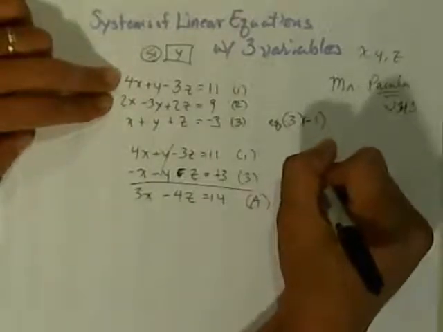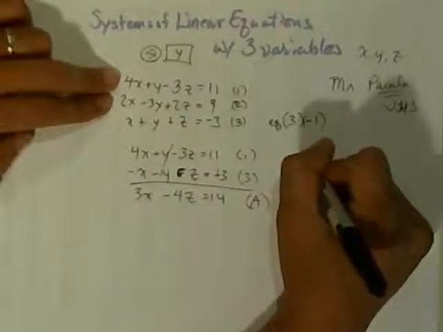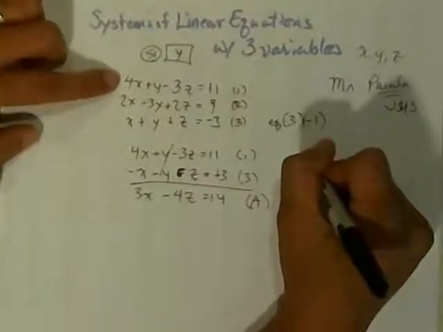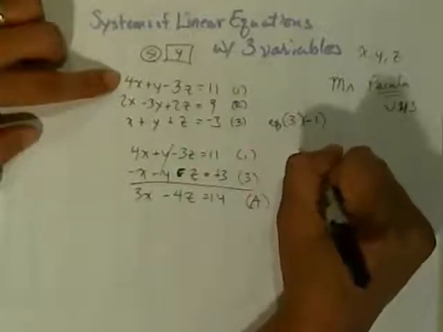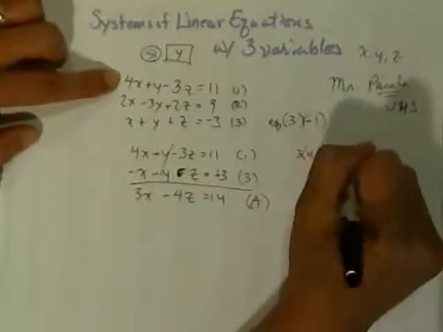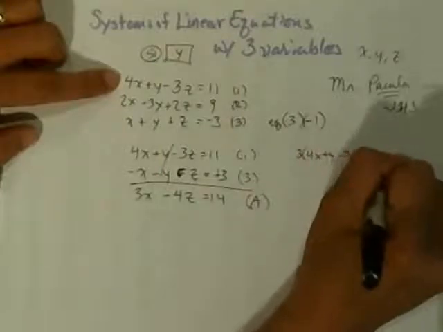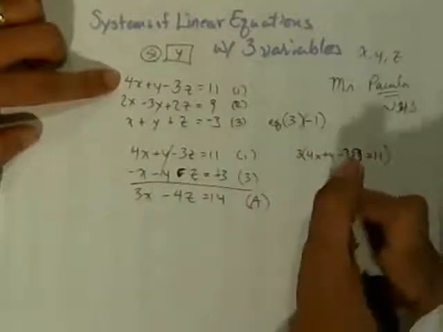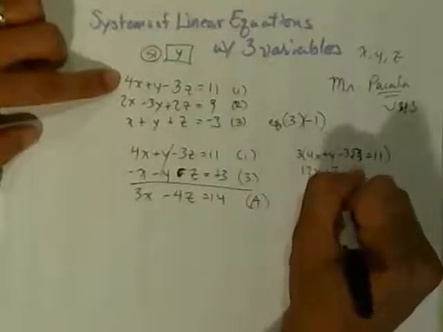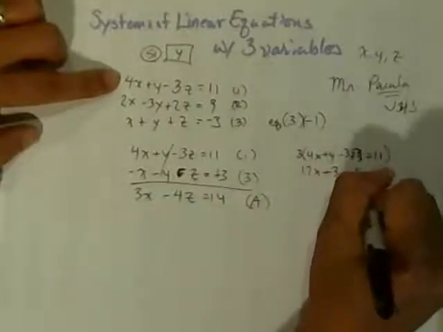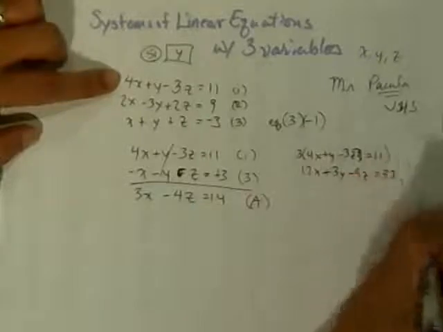I'm going to multiply equation 1 by 3. So 3 times 4x plus y minus 3z is equal to 11, and that becomes 12x plus 3y minus 9z is equal to 33.